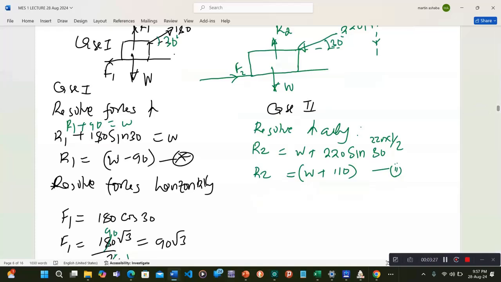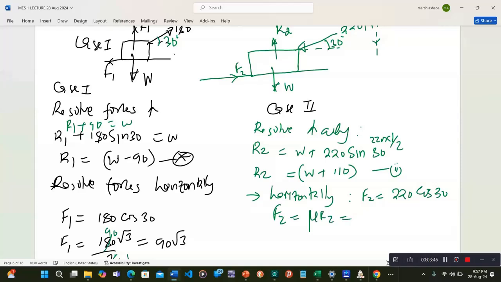Then I resolve forces horizontally. So horizontally, I said F2 is equal to 220 cos of 30. So F2, which is equal to nu R2, is equal to 220 times cos of 30, which is the same as root 3 out of 2.